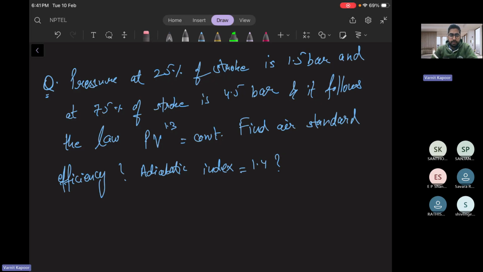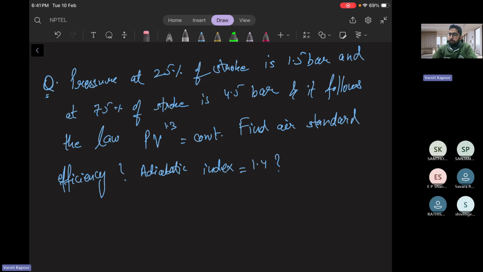So eventually it is a compression scenario, because pressure is increasing from 1.5 to 4.5. That means a compression process is happening. Then it is said that it is not following isentropic compression. It follows the law PV to the power of 1.3 is equal to constant.